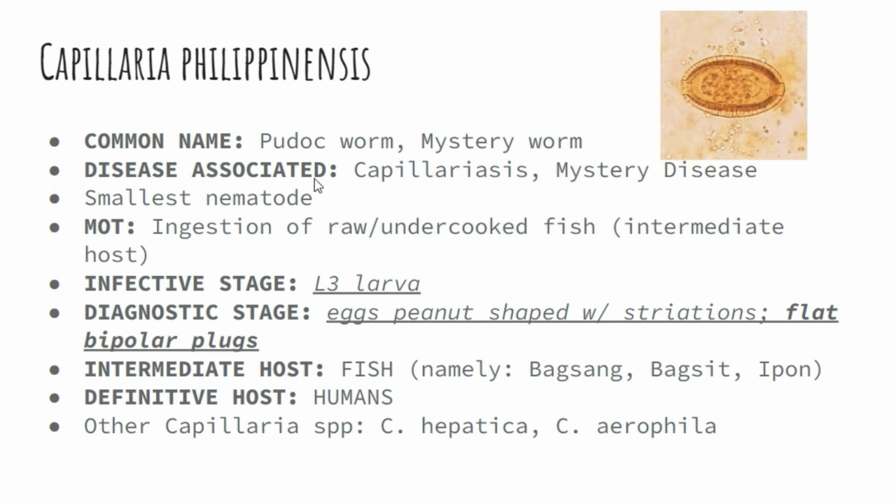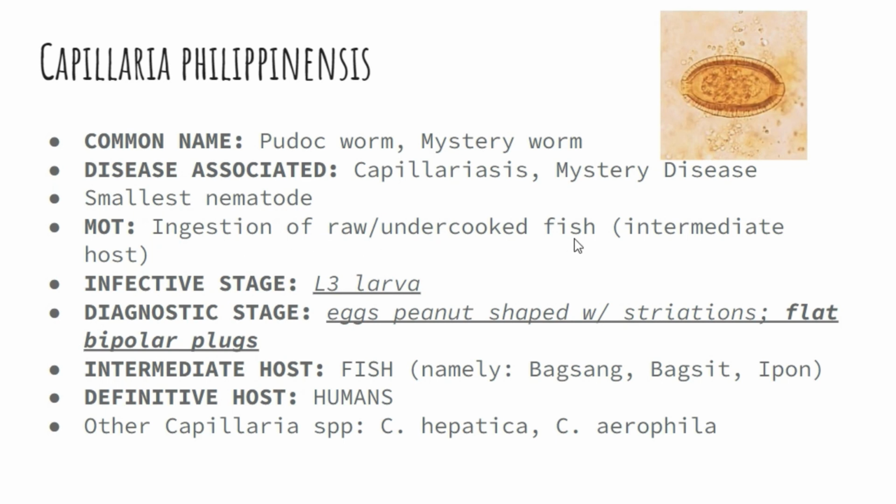For disease association, Capillaria philippinensis causes capillariasis. And yun nga po yung mystery disease, yung misteryosong sakit nga po na tumama sa isang baryo. So yun po yun. And then Capillaria is regarded as the smallest nematode. Mode of transmission is through ingestion of raw or undercooked fish.